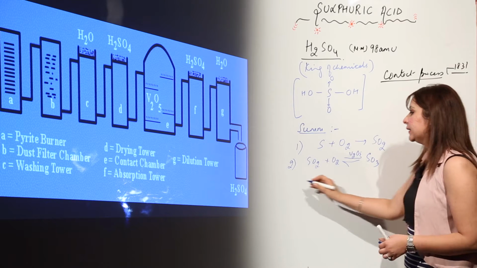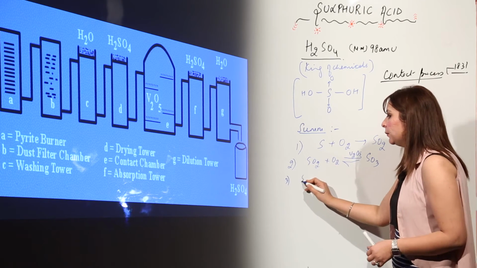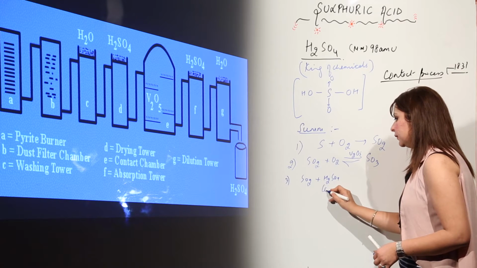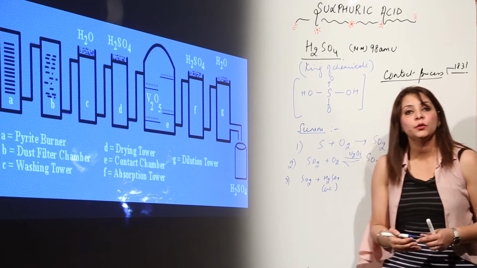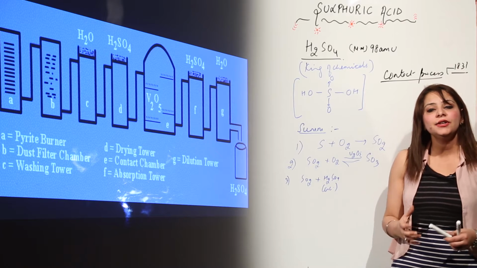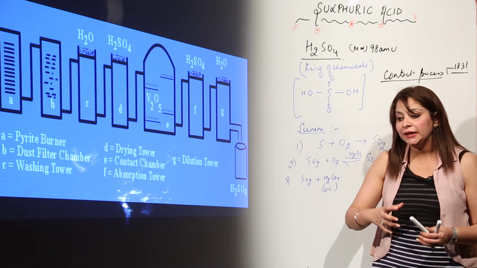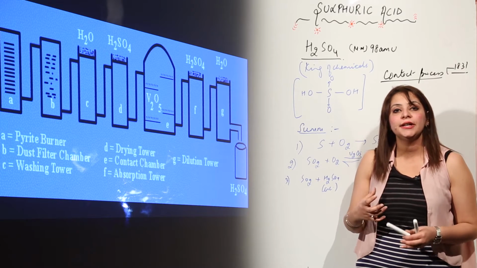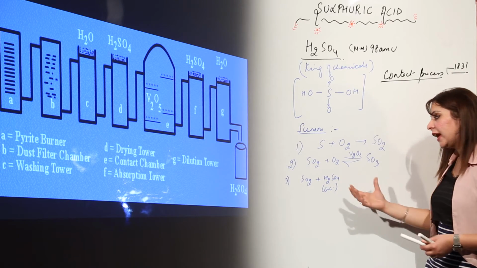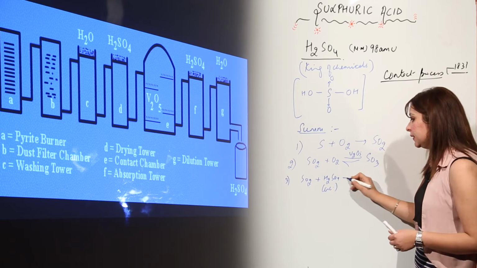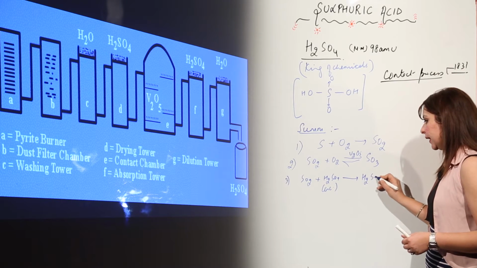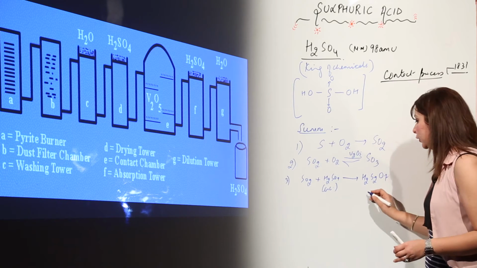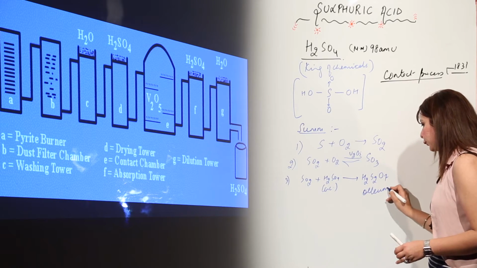Then this sulfur trioxide, formed in the second step, we react with concentrated sulfuric acid. As you are familiar, concentrated acids contain a higher proportion of acid content, but the water content is too low. We react it with concentrated sulfuric acid, and we get H2S2O7, which is highly concentrated sulfuric acid called oleum.